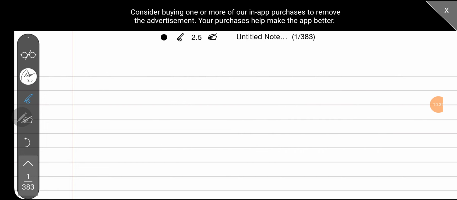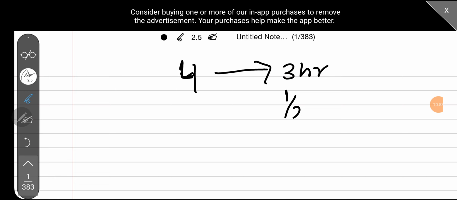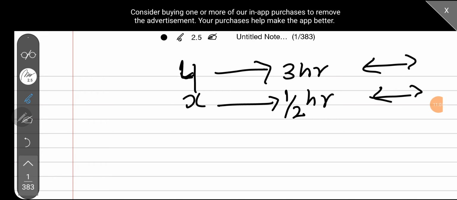So in this case, 4 people do the work in 3 hours. So if we have half hour to finish the job, how many people will be needed? So in this case we will multiply these both sidewise.